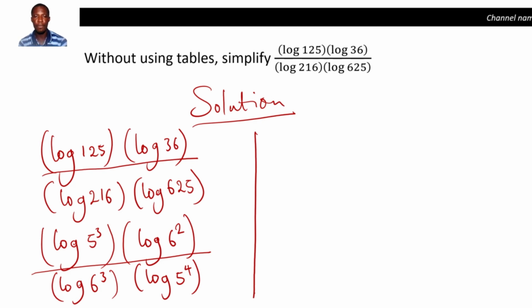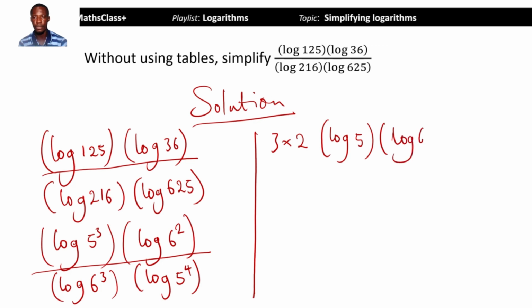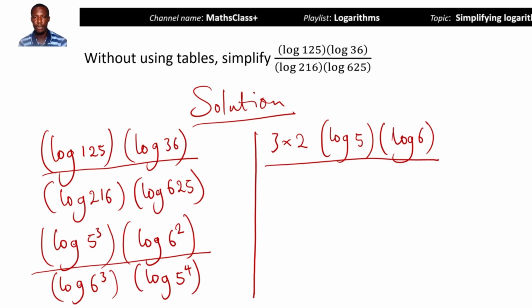So now if we have them like this, we try and drop the exponent for each one of them. So 3 will drop, giving us 3 multiplying 2 in brackets log 5 multiplying log 6 like this. And then here 3 and 4 will also drop, giving me 3 times 4.